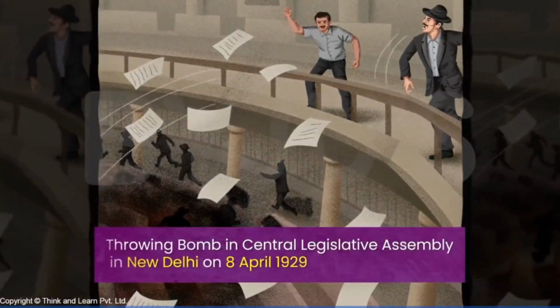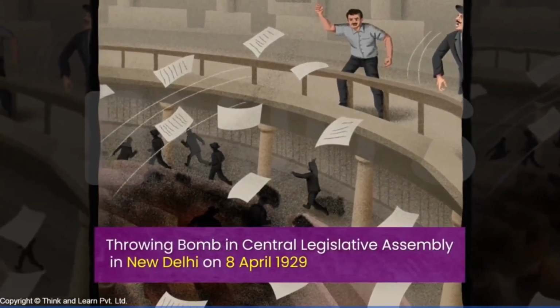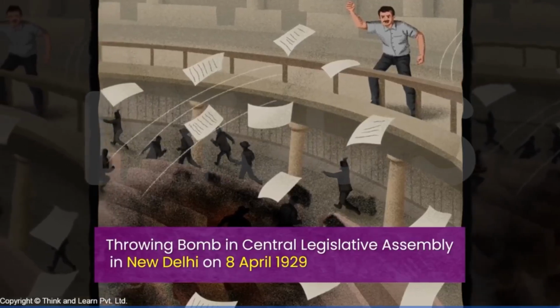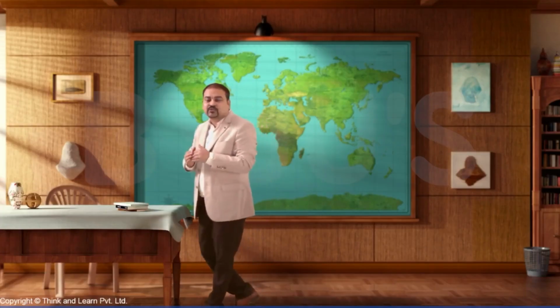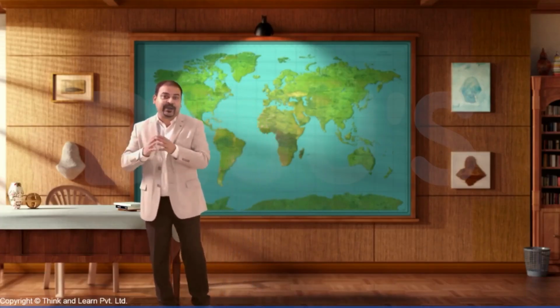Bhagat Singh's role in anti-imperialist revolutionary activities, including the throwing of a bomb in the Central Assembly on 8th April 1929 to oppose the Trade Disputes Bill, had garnered him support from the youth across India. So, when the revolutionaries were executed, there was anger among people, especially the younger left-wing section, as to why Gandhiji had not been able to get their execution cancelled under the Gandhi-Irwin Pact.